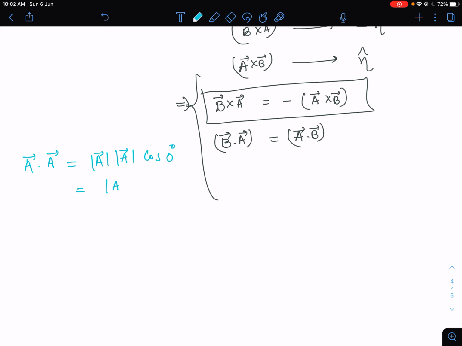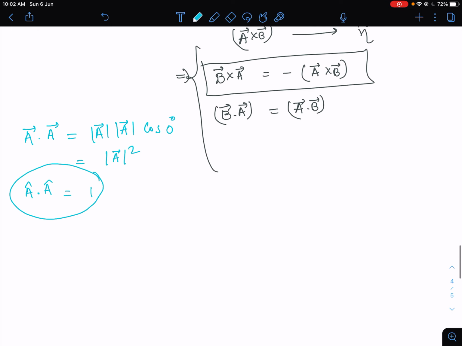So it is basically mod of A squared. If you take the unit vector instead of a normal vector, you will basically get 1.